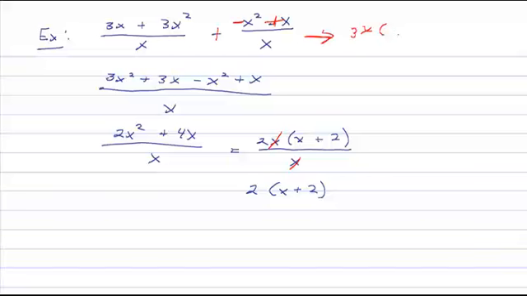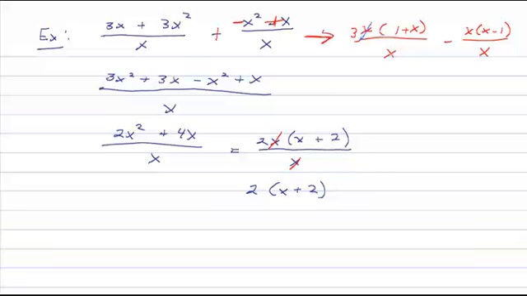So I'm left with 1 plus x. And then we had minus x squared minus x over x. So we had a common factor there of x, and that leaves us with x minus 1 over x. Happens that both of these could be simplified.